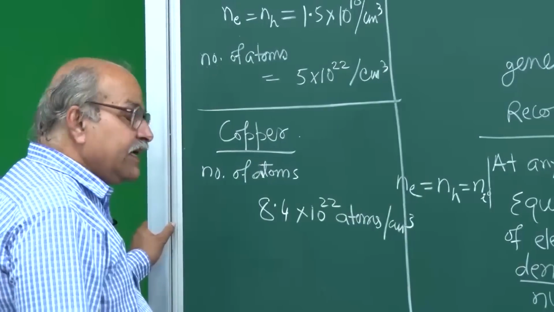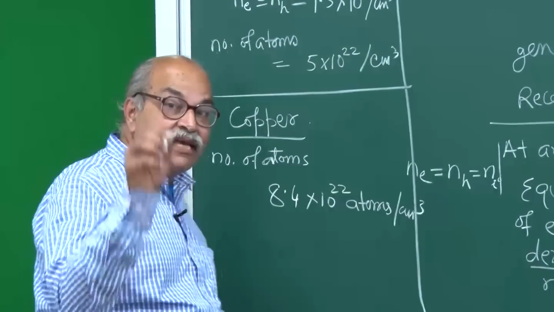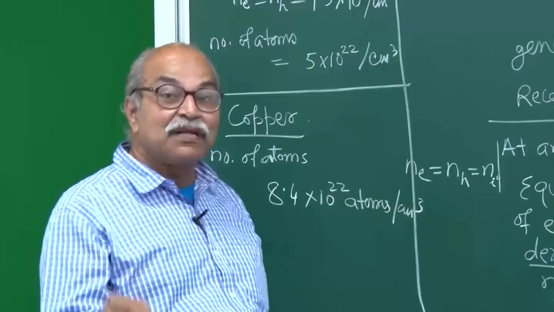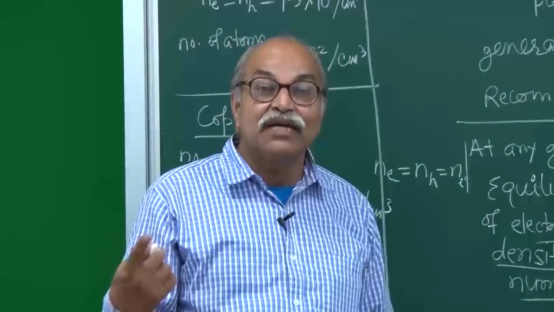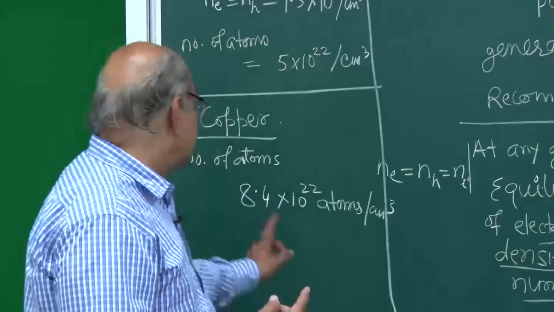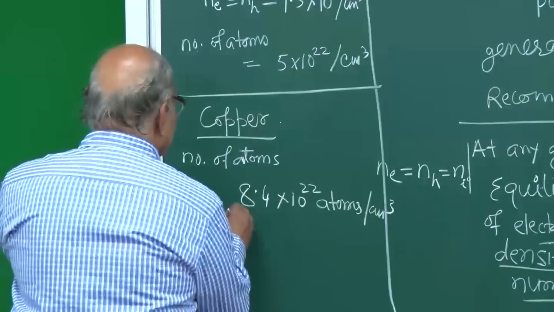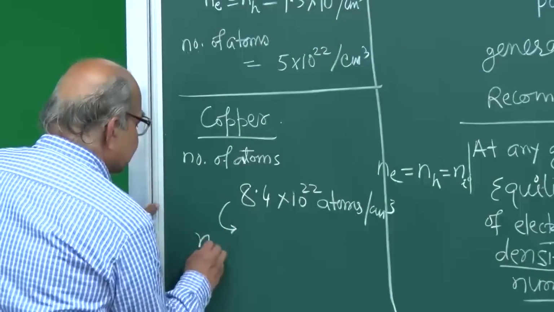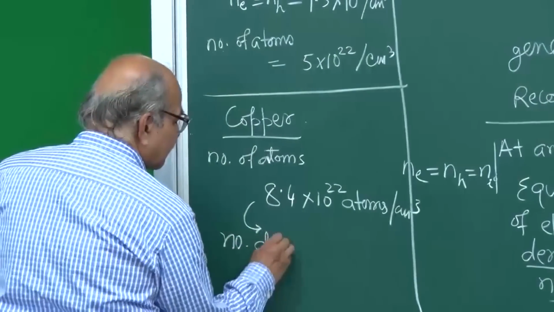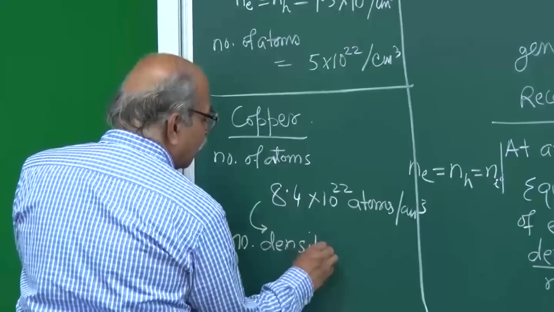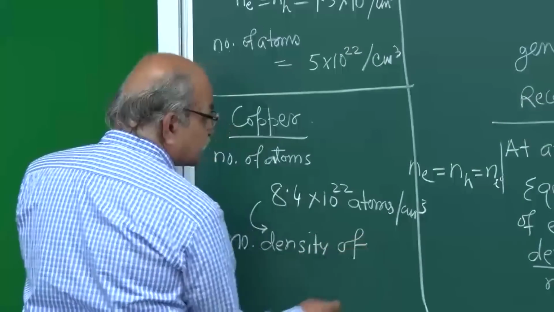Each atom in copper contributes 1 electron to the conduction band, and therefore this is also the number density of conduction electrons.